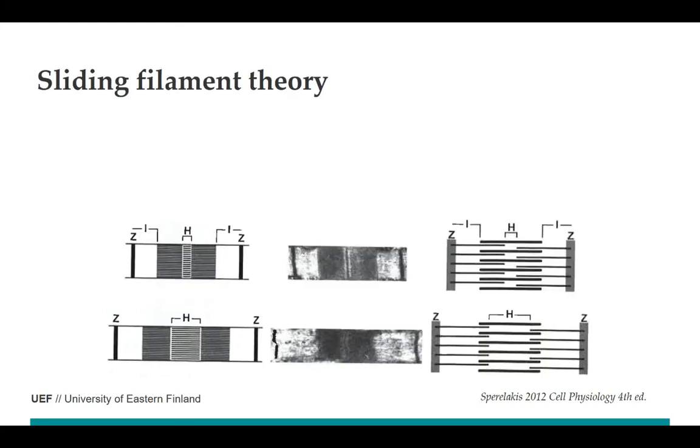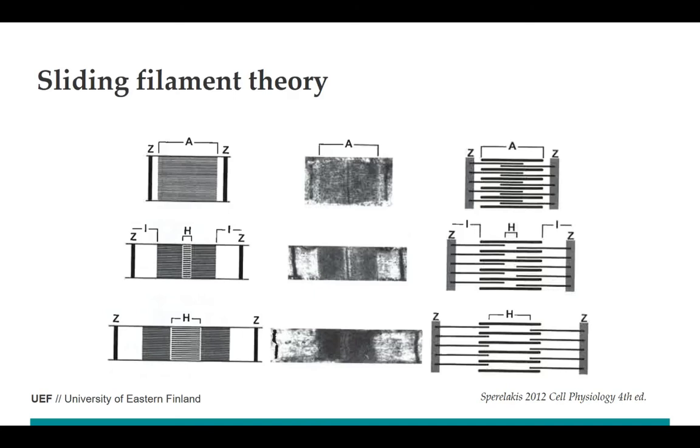And if you are contracting, you are getting, for example, this H band and I band less thin, so it's more narrow, until the cell is fully contracted. Now these thick and thin filaments are completely overlapping, and you can't anymore see areas where there is only thick or thin filament.